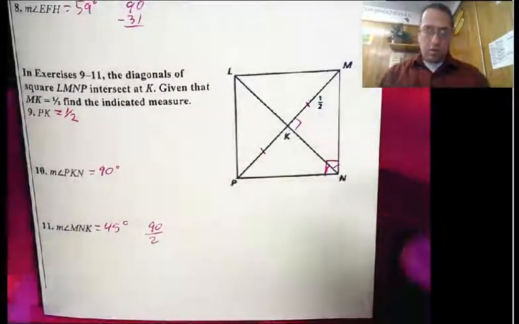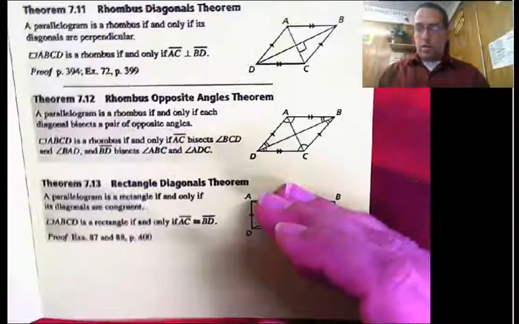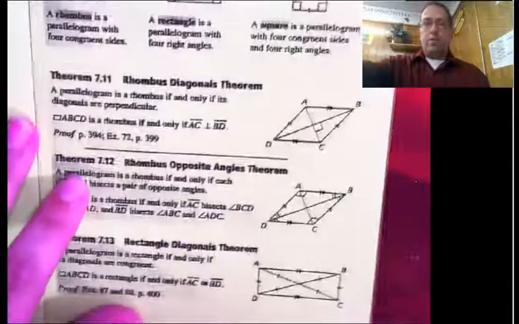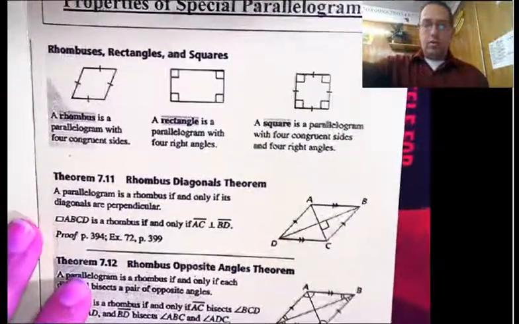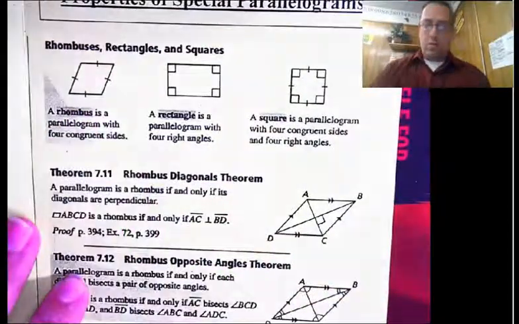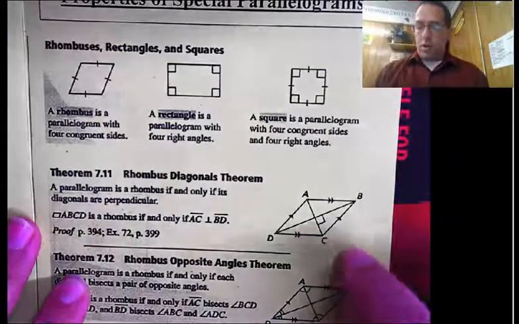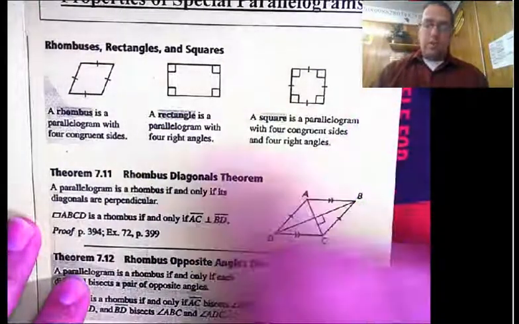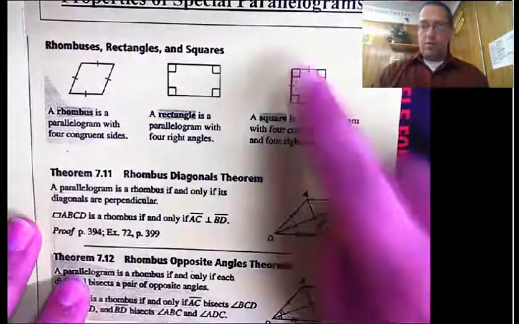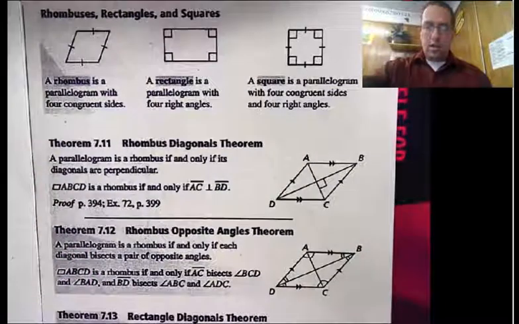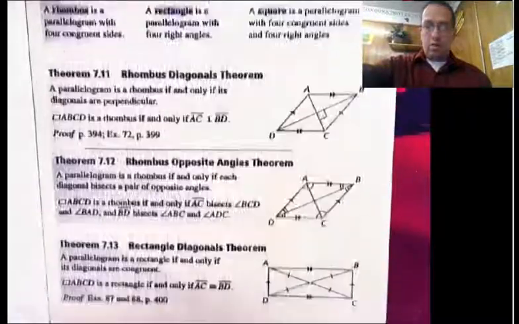All right. So that's squares. Real quickly, just to review, we have three special parallelograms. The rhombus, which is equilateral; the rectangle, which has all right angles, it's equiangular; and the square, which is both a rhombus and a rectangle, has all right angles, and all four congruent sides. And we had these theorems.